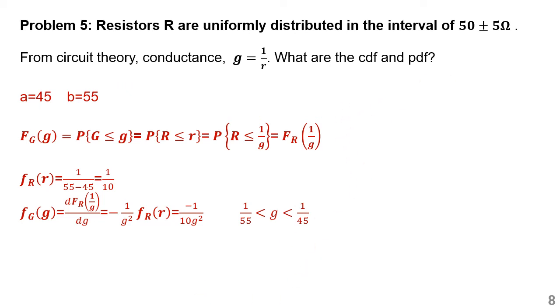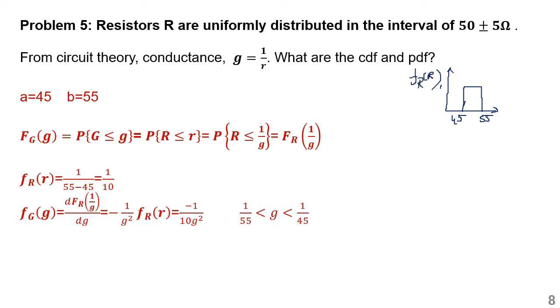So, we can write the PDF. The PDF varies from 45 to 55, and value is 1, which is fR of R.